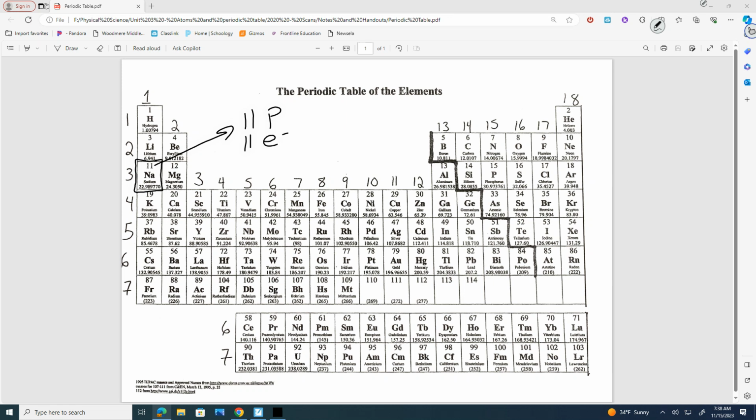Now, to find the neutrons, you have to round and subtract. So you take this number over here, the 22.9 rounds to 23. 23 minus 11 is 12 neutrons. So this is the information you would need to build a Bohr model for sodium.